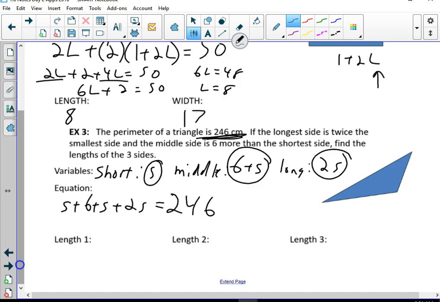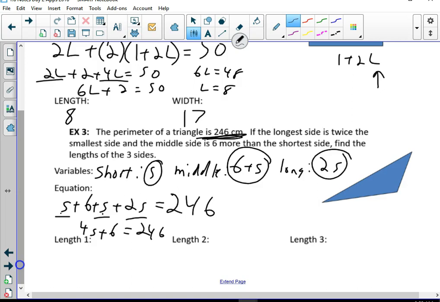Okay, so how many S's do you have here? S plus S plus 2S. How many S's? 4S plus 6 equals 246.